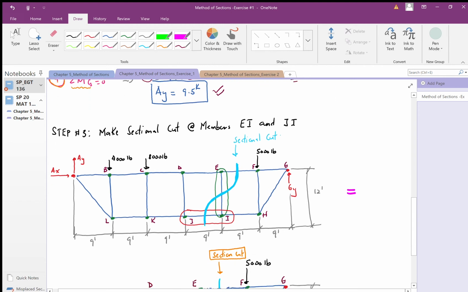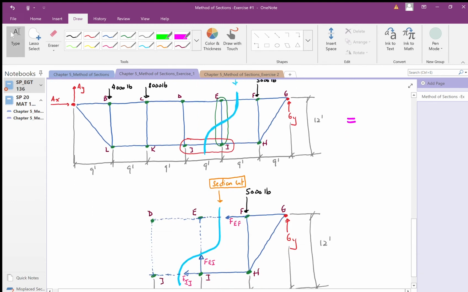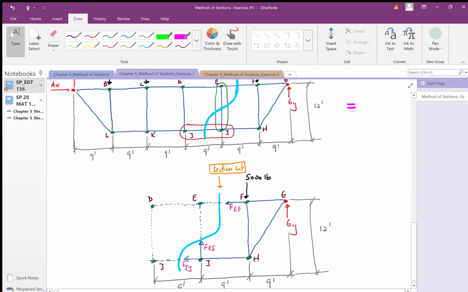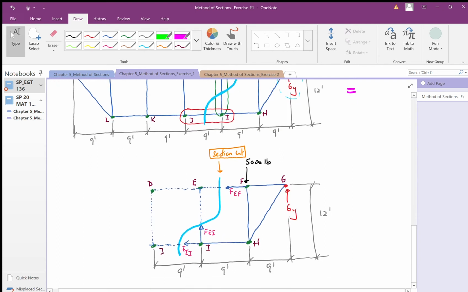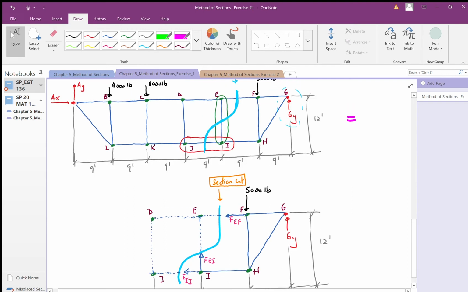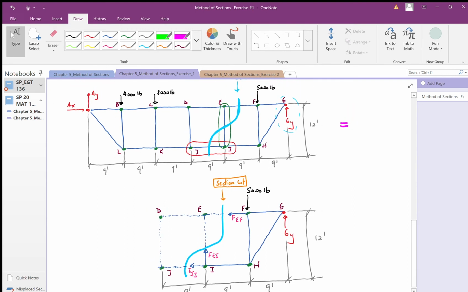And then when you do that, all you now do is separate them, right? Since the part to my right is closer to a support reaction, I just chose the right hand side to keep. What's on the left hand side, we don't need. It's in dots here, I'm just simulating how the rest of the structure will look.